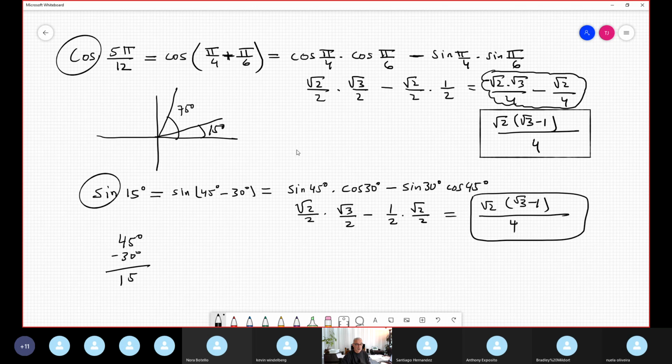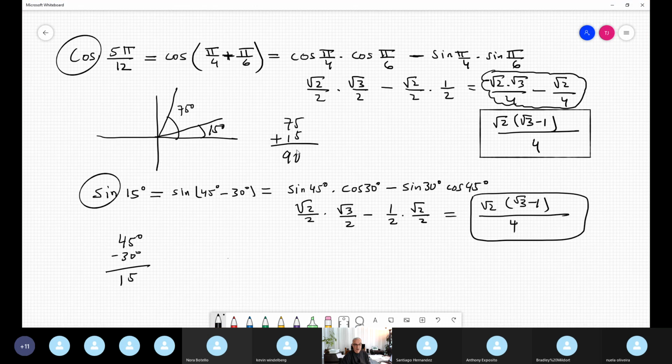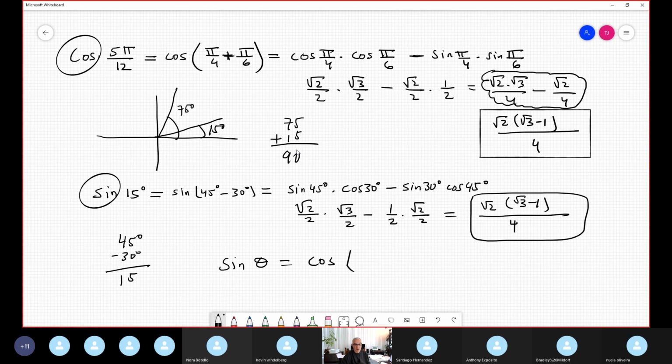But 75 and 15 together is 90. They are complementary. Therefore, using the cofunction property, the sine of one angle is equal to the cosine of pi over 2, or 90 degrees, minus the same angle, because of the cofunction idea.